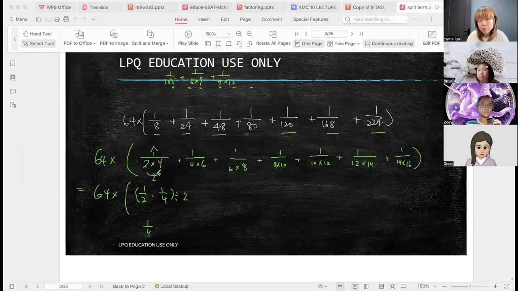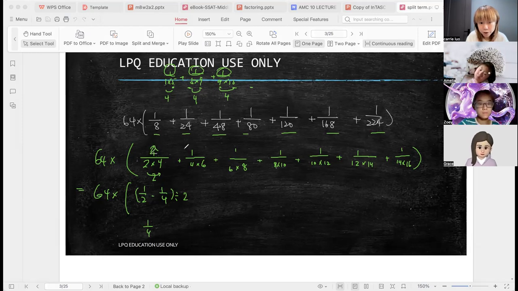I don't know if you already get when to divide, because you see 1 to 5, the difference is 4. 5 to 9, the difference is 4. 9 to 13, the difference is 4. So when you split the term and the numerator is 1, you need to divide it by the difference.